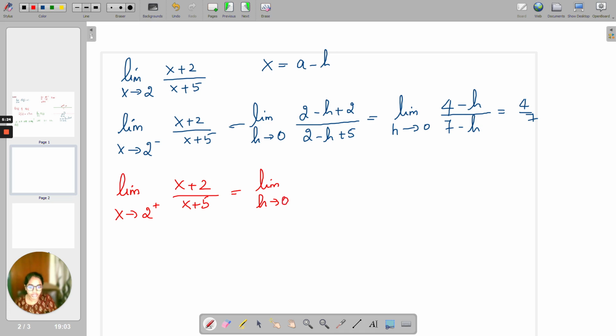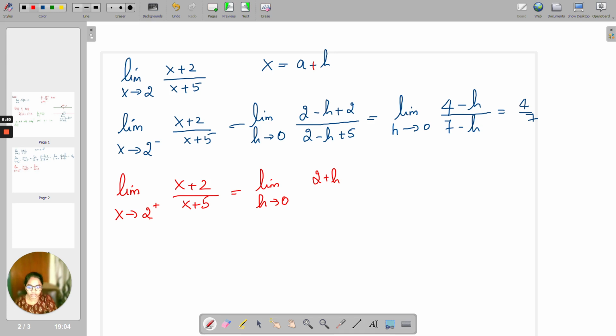Always h would tend to 0 because it is very small, as I told you. I would have to replace x with a plus h now. For RHL, it will be a plus h. What is a plus h over here? A is 2, so in the place of a, I would write 2 plus h.